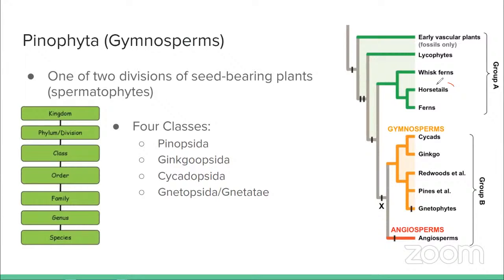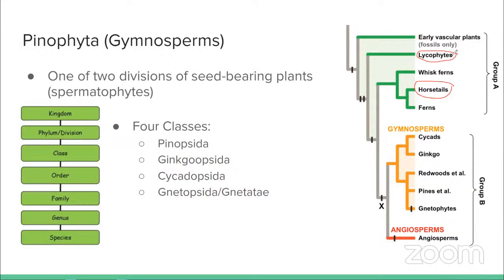Like for example, when we looked at our horsetails and some of our club mosses, we saw those sort of cone-like structures on the tips where we had the spores and sporangia collecting within the strobilus. So when we think about pine cones and pollen cones, those are that same type of structure. They're really related to that structure.